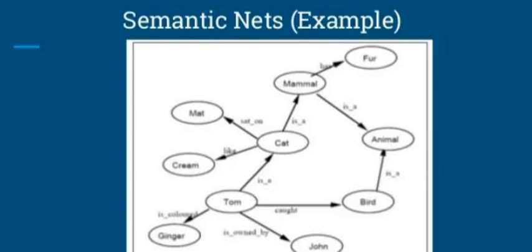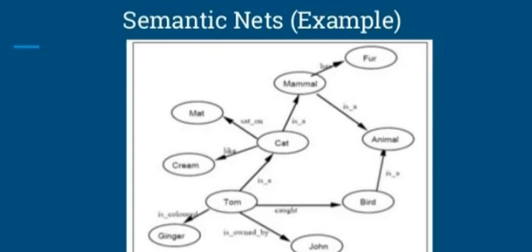So the cat likes cream. That is a fact. Cat likes cream. That is a fact. And then before that, the cat is named Tom. So Tom represents the cat. After doing that, Tom is colored ginger. That is a fact.